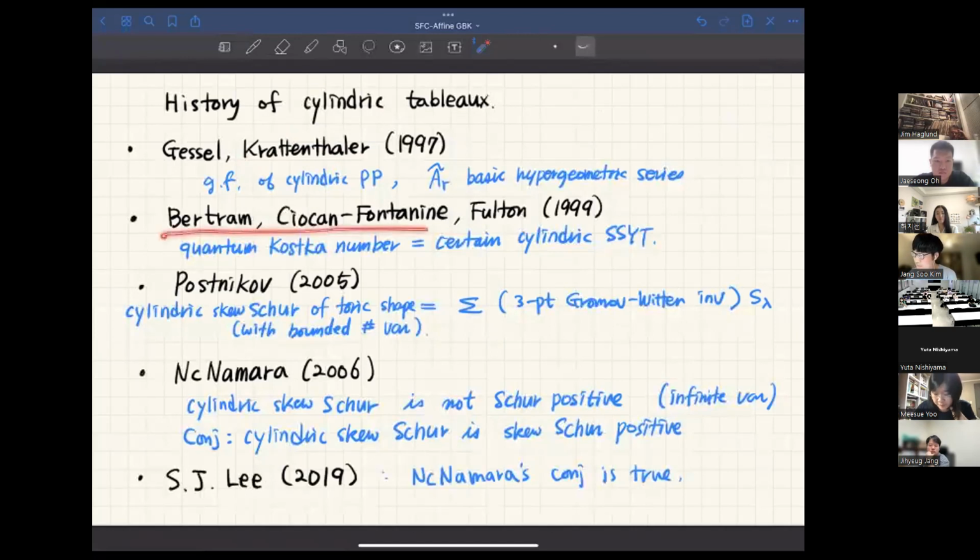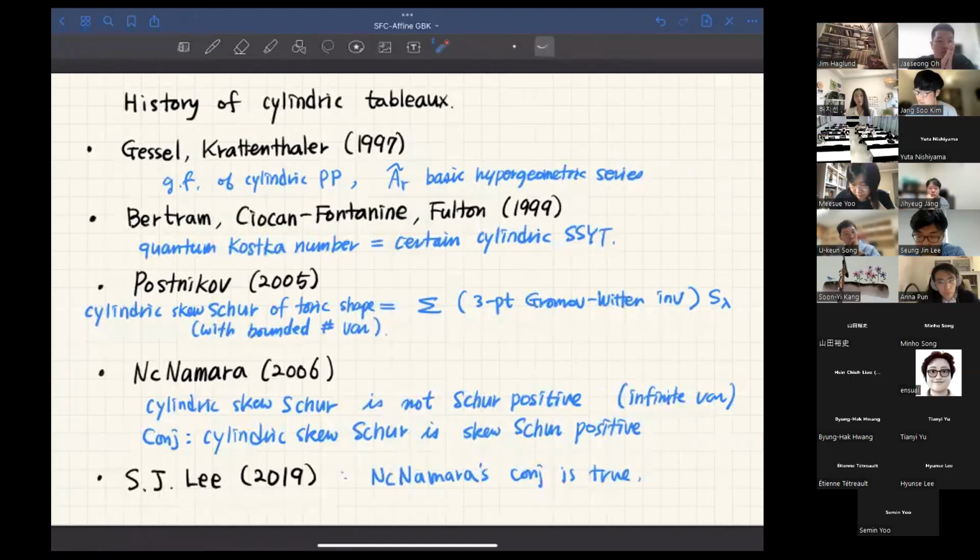And these people show that quantum Kostka numbers can be expressed using certain cylindric semi-standard Young tableau. And Postnikov showed that a cylindric skew-Schur function of some condition called toric shape with bounded number of variables can be written in terms of Schur functions, and the coefficient is the 3-point Gromov-Witten invariant.